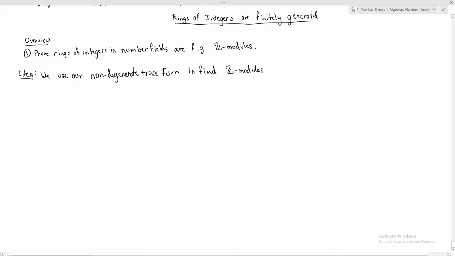These are going to be free Z-modules of rank m, and you should be thinking of m as being the degree of the extension over Q, our number field, which basically sandwich our ring of integers.